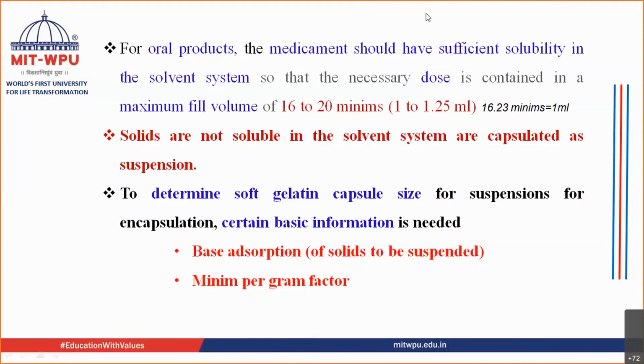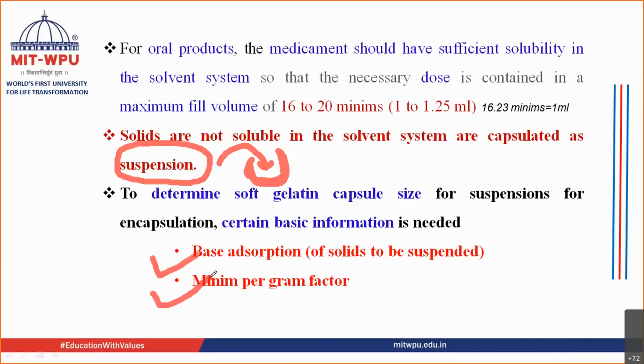Now, just imagine that we are trying to prepare a suspension which is to be filled inside the capsule shell. When we fill a suspension, there are two very important things: you need to calculate the base adsorption, and from base adsorption, you need to calculate the minimum per gram factor.